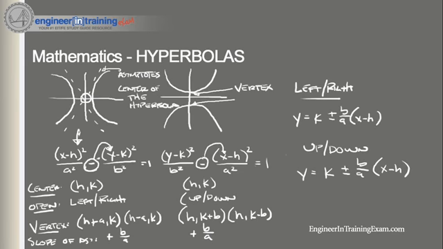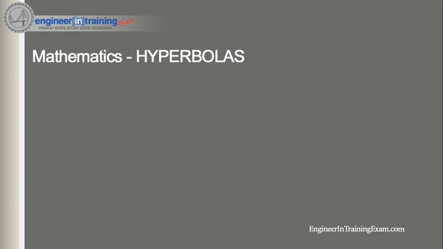So let's take a quick look at an example. Let's say we were given an equation and we were asked to determine, number one, the orientation. Let's say we were asked to determine the center, the vertices, and also the equation of the asymptotes.